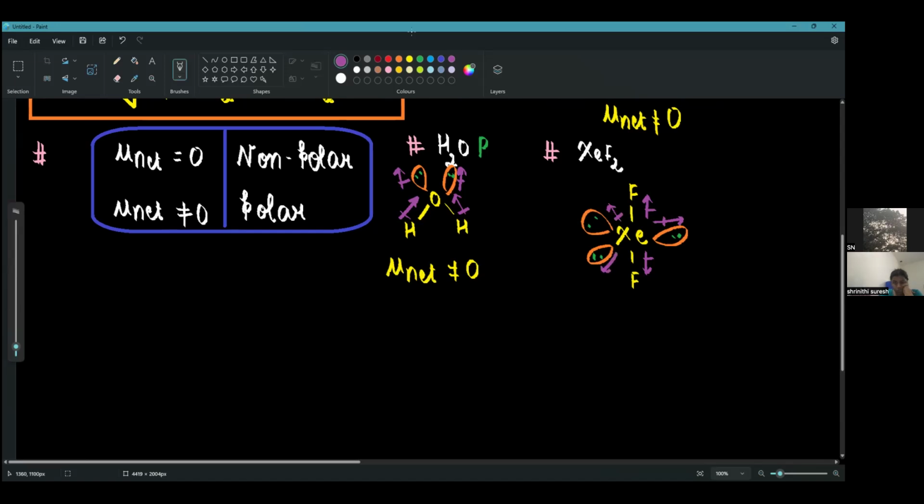Experimentally it is observed that its net dipole moment is zero. So is this molecule polar or non-polar? Equal to zero, so it is non-polar.